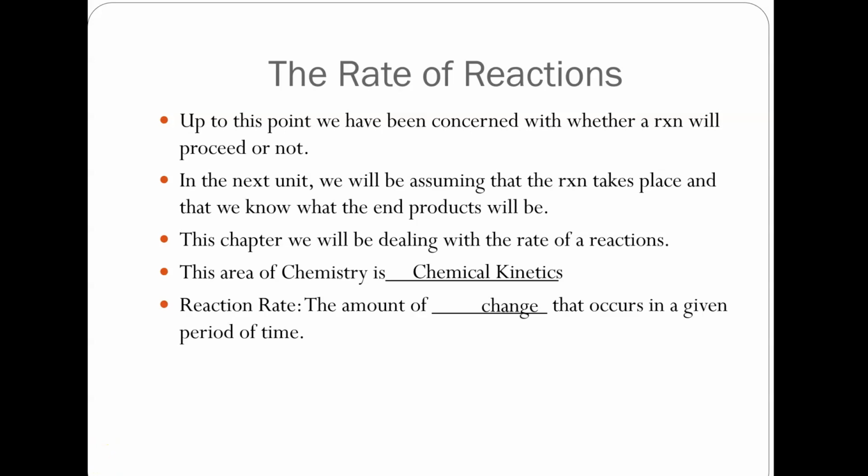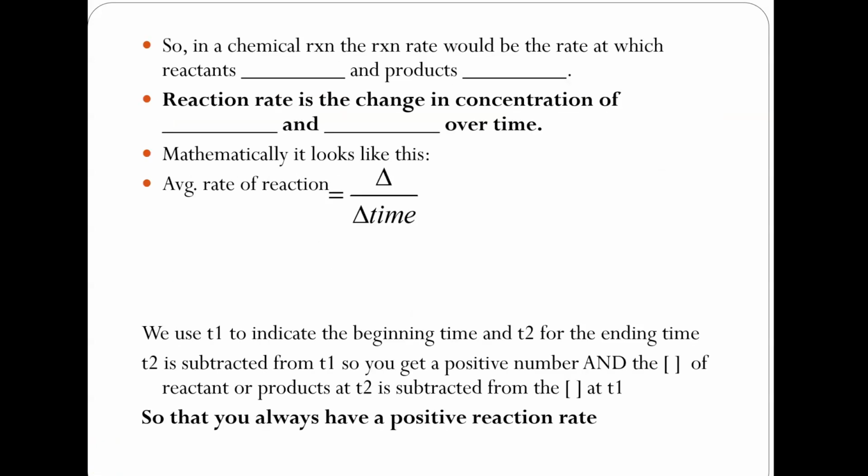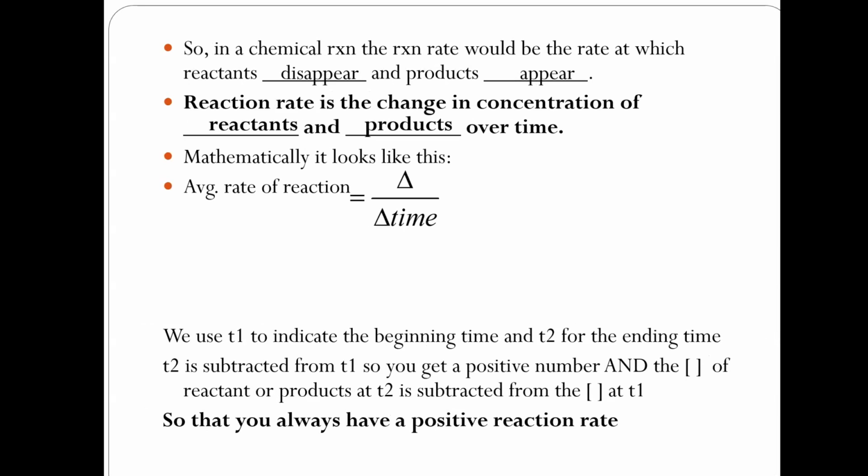It's an area of chemistry that really just deals with timing reactions. In a chemical reaction, the reaction rate is going to be the rate at which reactants disappear, and guess what? Products appear. It's the change in concentration of the reactants and the products over time. And the way that we write that is with the triangle symbol over the change in time.